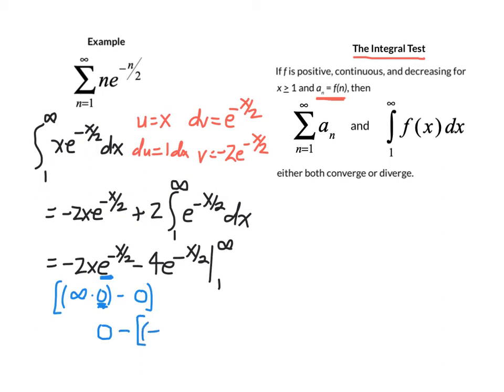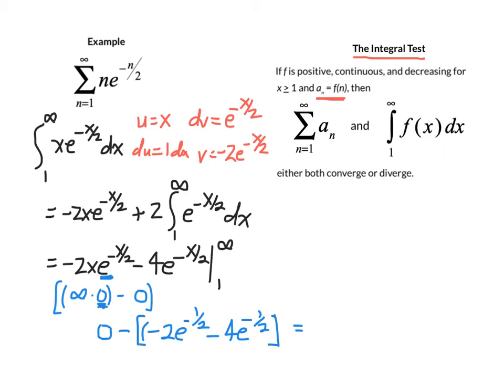We get negative 2 e to the negative 1/2 minus 4 e to the negative 1/2. So ultimately those are like terms, and we have a negative sign out front.